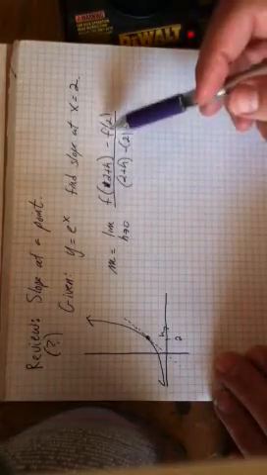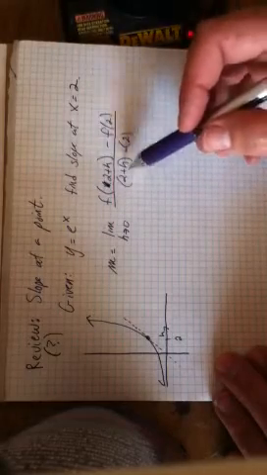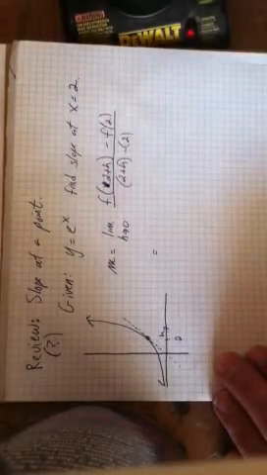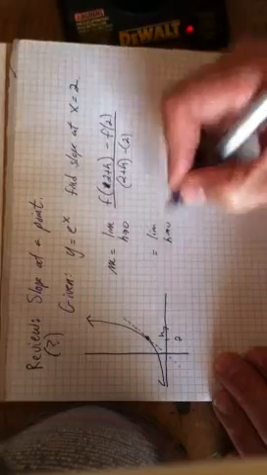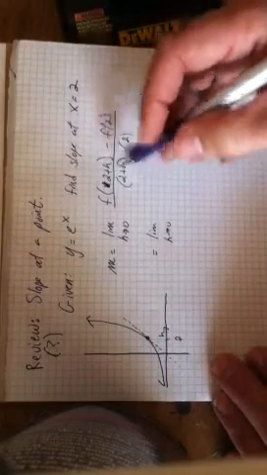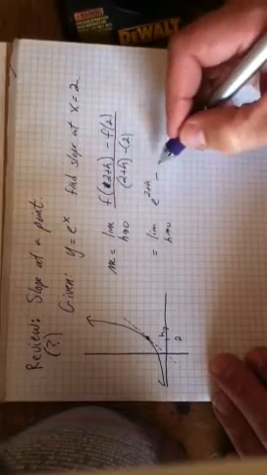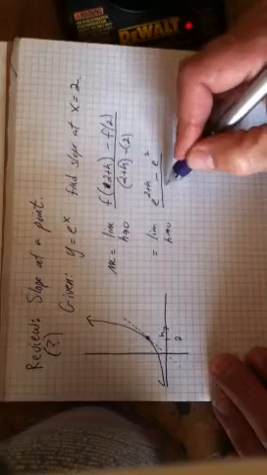Change in y over change in x, that is y2 minus y1 over x2 minus x1. The rest is algebra. Limit as h goes to 0 of f of 2 plus h, that's e to the 2 plus h, minus e to the 2, over h.